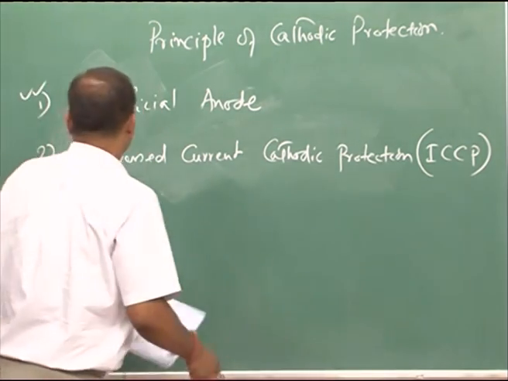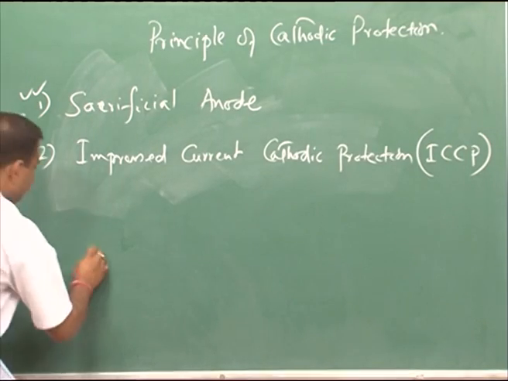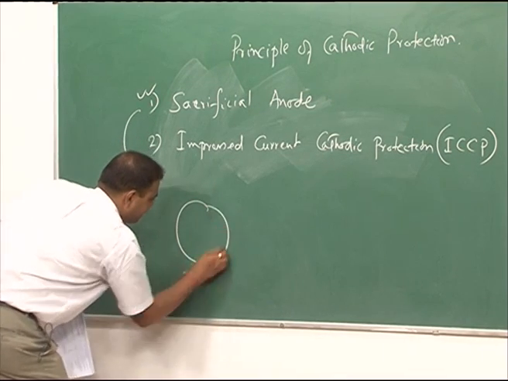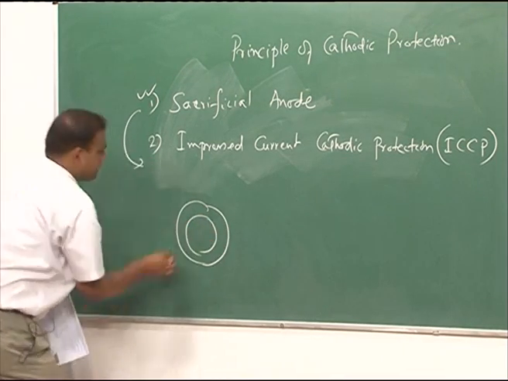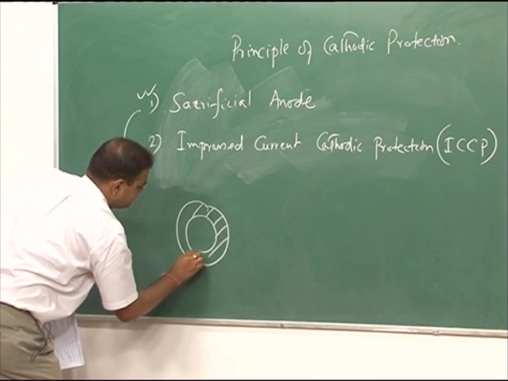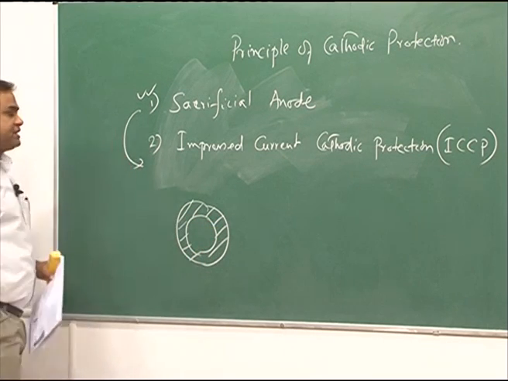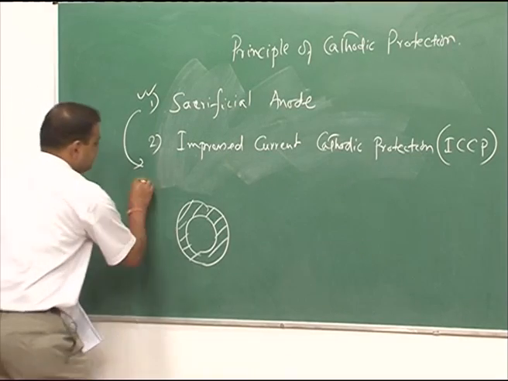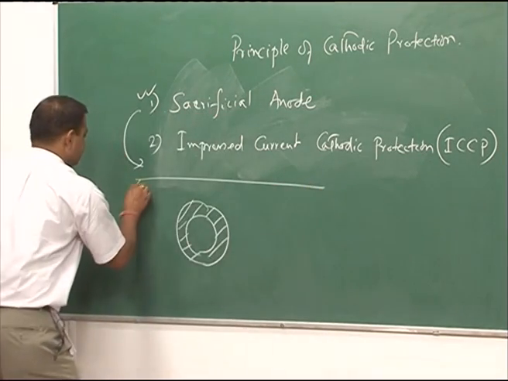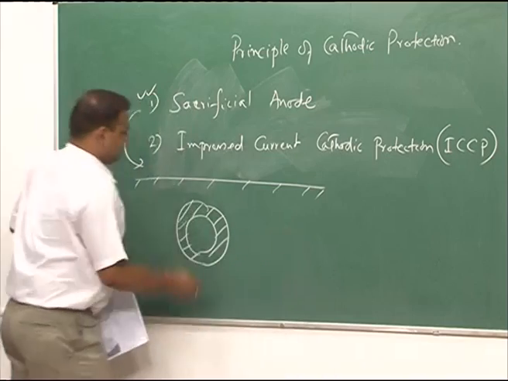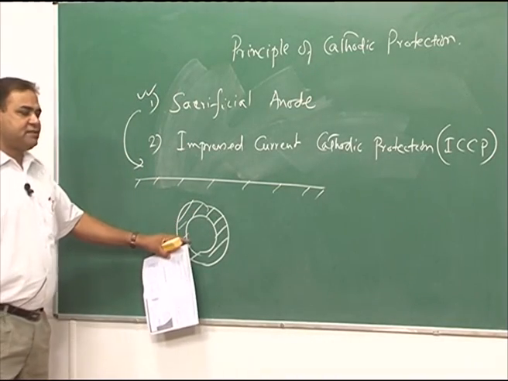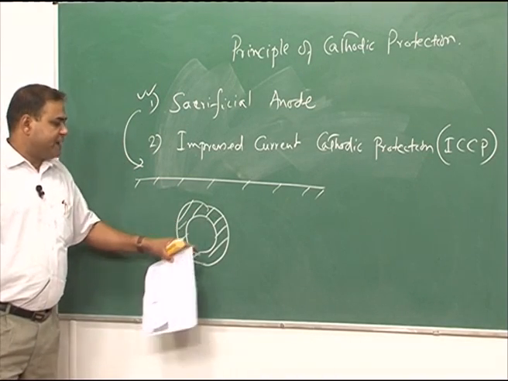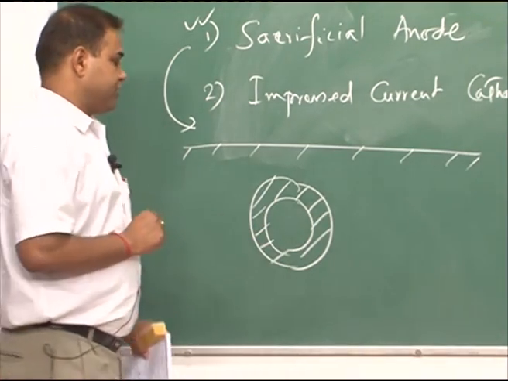In this method, let us say we have a pipeline which is to be protected, and this pipeline is a buried pipeline. This is the earth surface, and this is the pipeline. We have to protect this pipeline from corrosion or control the corrosion rate.